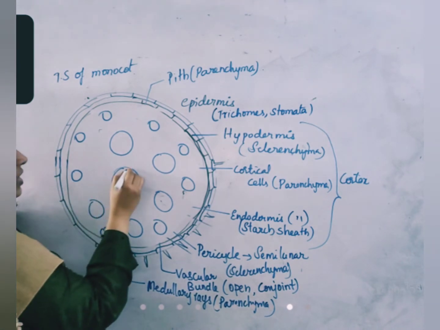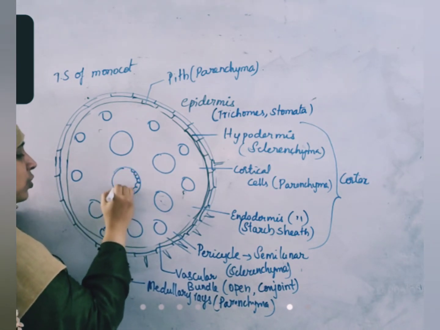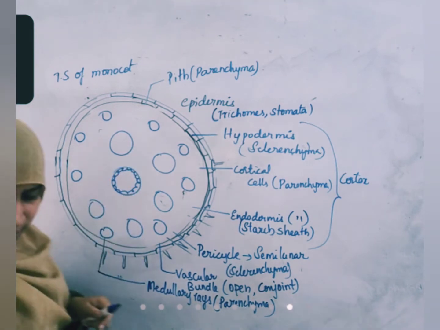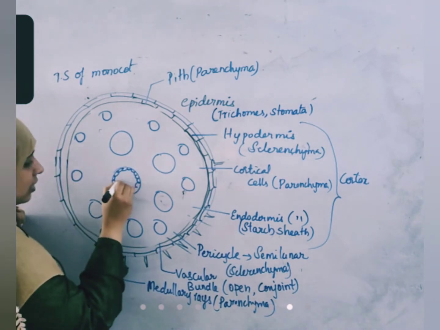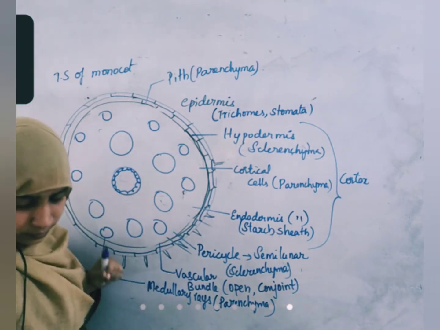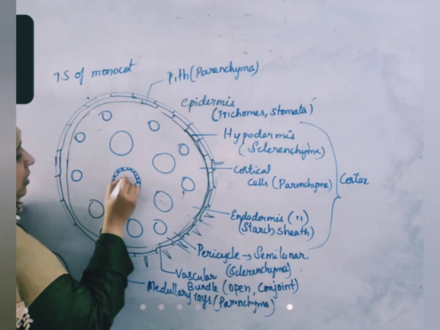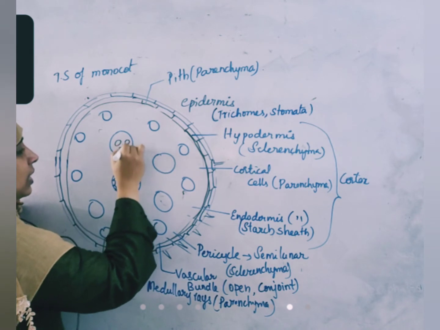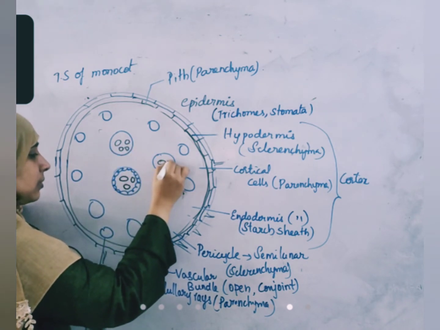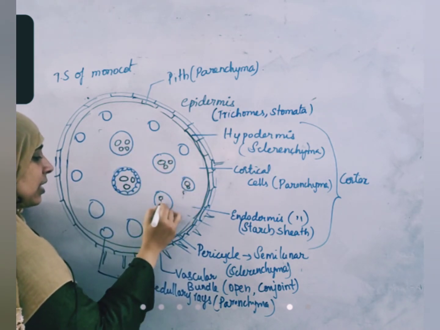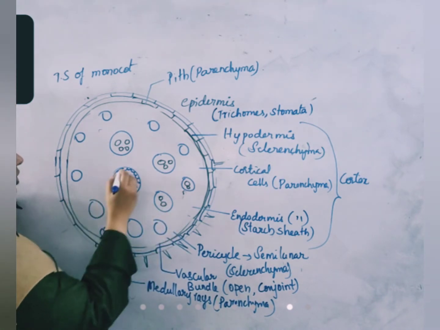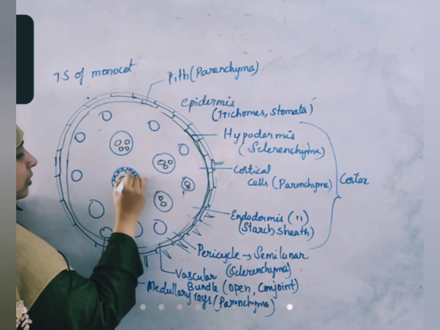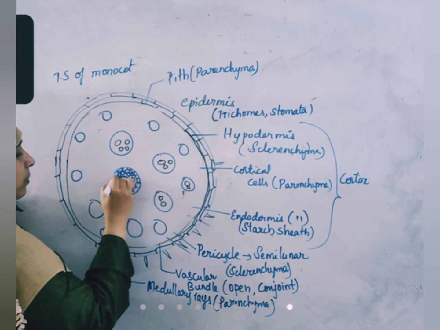In this, it is totally filled with phloem tissues. In between that, there are some xylem tissues. This is xylem. Like this. Remaining all it is phloem tissue.